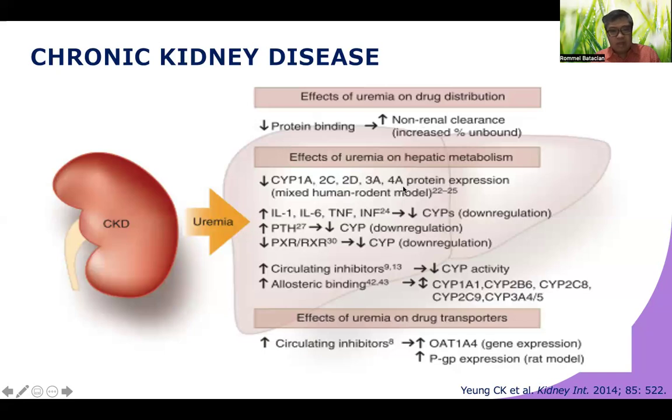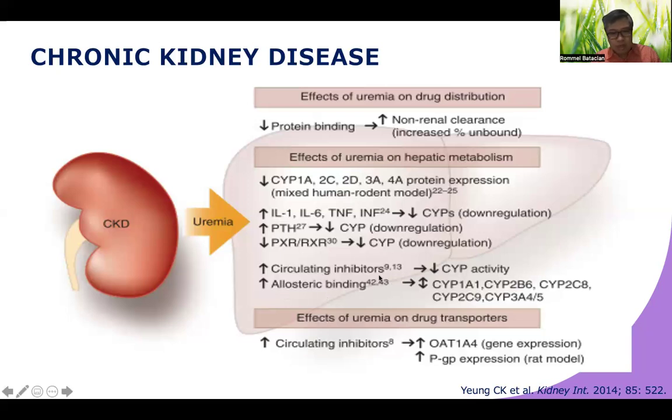It could decrease expression of these cytochrome enzymes. It could increase the presence of cytokines, leading again to downregulation of the cytochromes. Elevated parathyroid hormone could affect the bone mineral metabolism as well. There's allosteric binding.